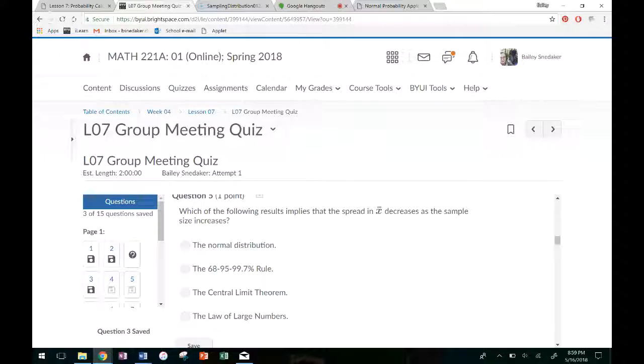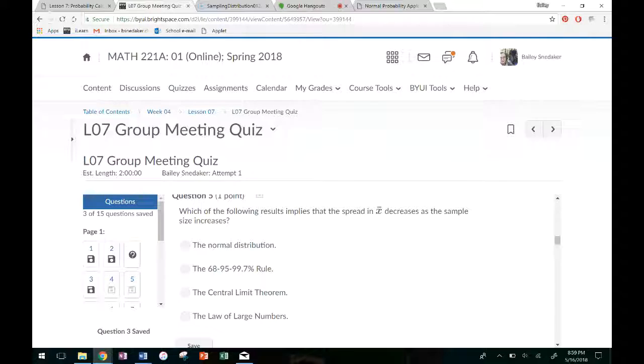What's your central limit there? That is, the bigger your sample size, the more normal the shape will be.